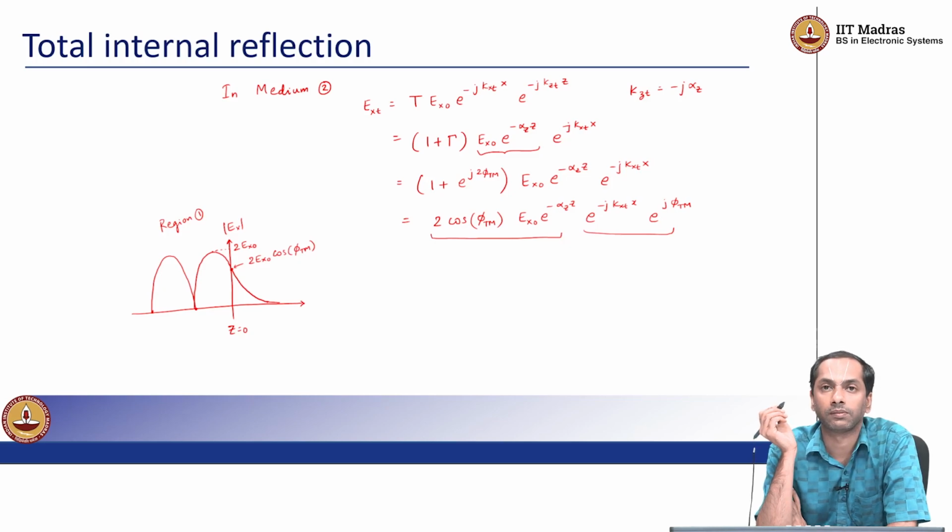Okay, so I highly encourage students to also try out the total internal reflection case for the perpendicular polarization, right, and ensure that you understand where the electric fields become maxima and where you find the nulls, and how this electric field value changes as we move into medium 2, right.